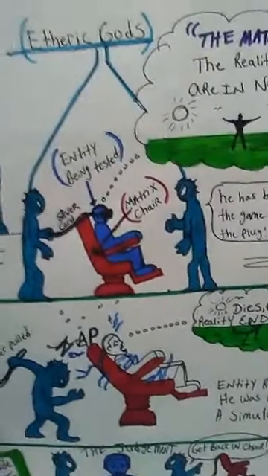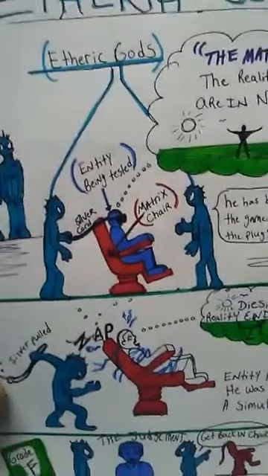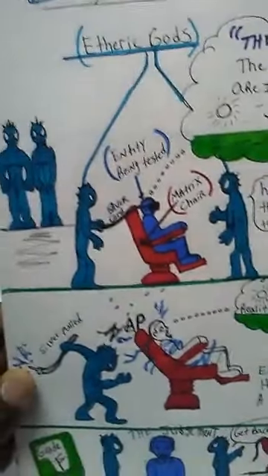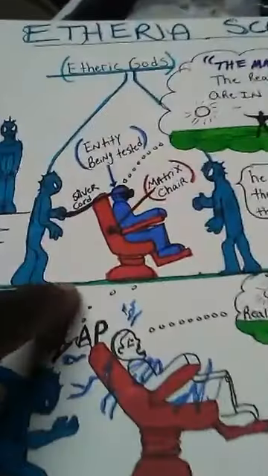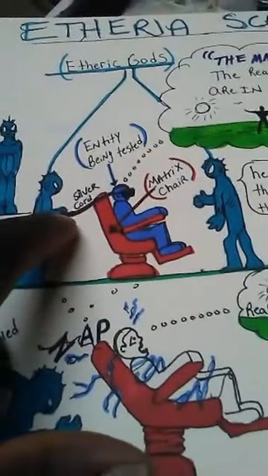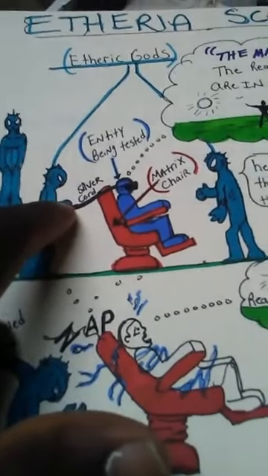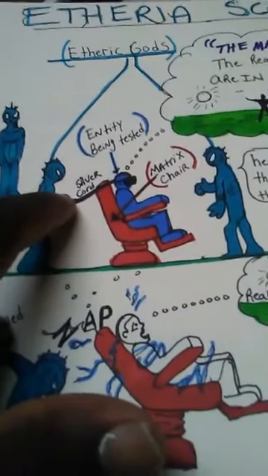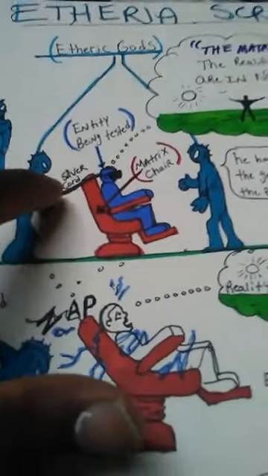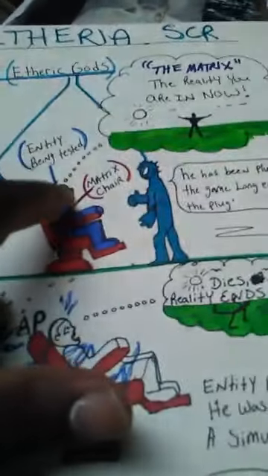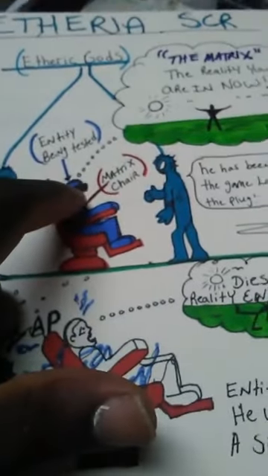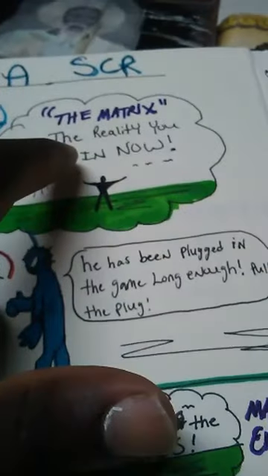Once they place these virtual goggles over his eyes, the etheric being will attach the silver card to the brain. He will plug the silver card in. Once the silver card is engaged, the reality of the entity that's being tested starts to play out. And this is what creates your reality, which is the matrix.